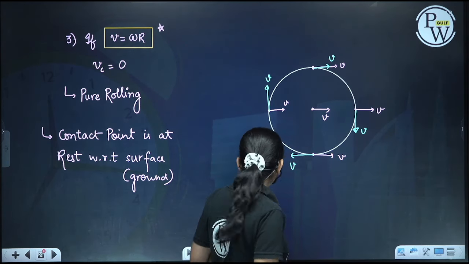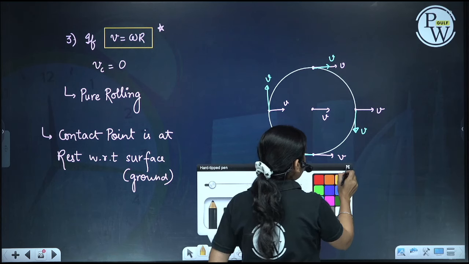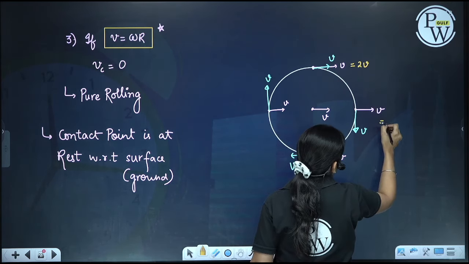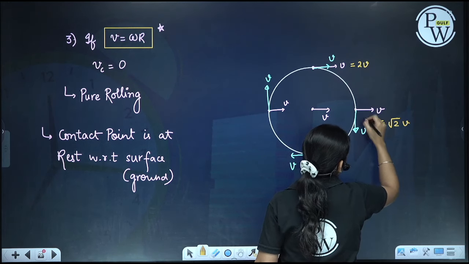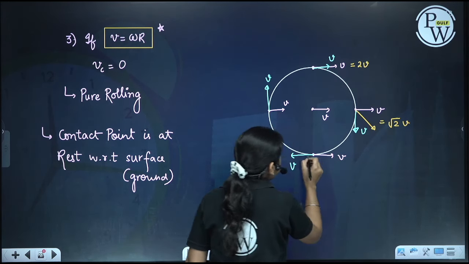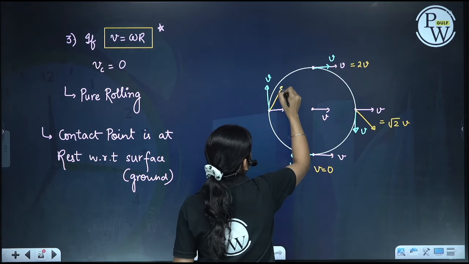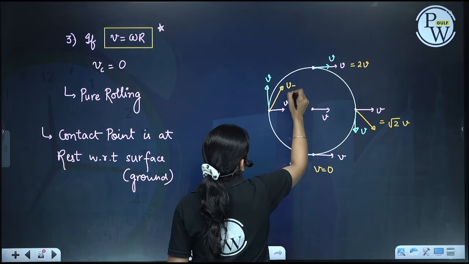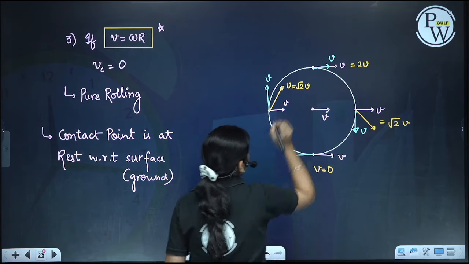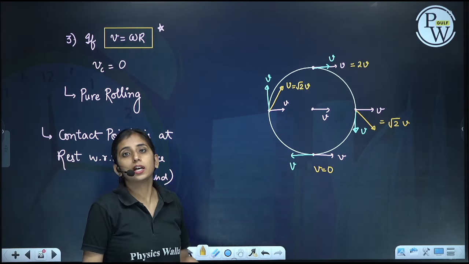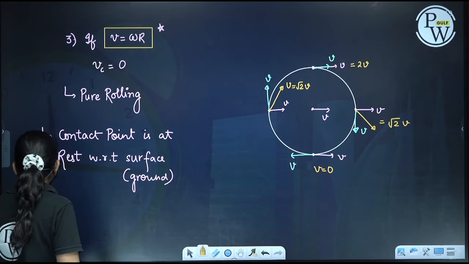So the net velocity of this point will be 2v, this will be root 2 v like this. This will have net velocity 0. This will again have net velocity root 2 v. Okay, these are the net velocities of all the points in the pure rolling motion.